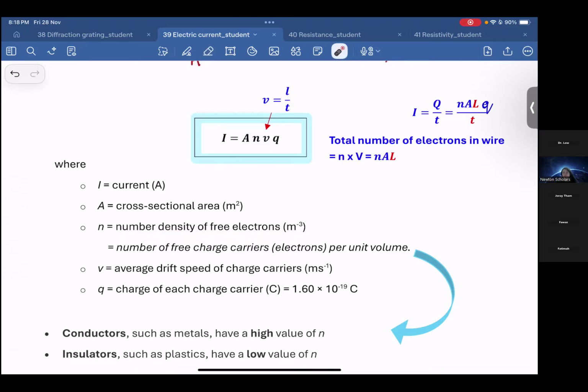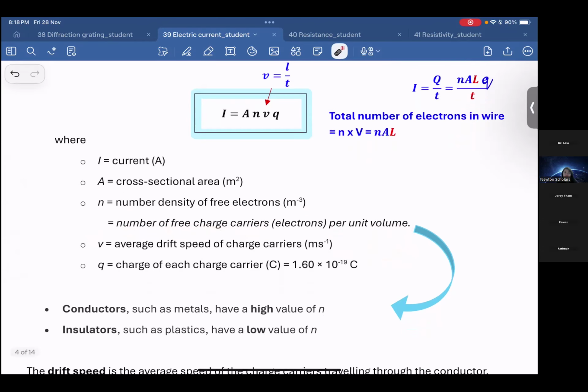Density is what? Density is the number divided by volume. Mass divided by volume, right? Previously we learned. So here it is the number of electrons per unit volume. This is the n that we want to say. n is the density of free electrons, the number of charged electrons per unit of volume. This is your n in this formula.